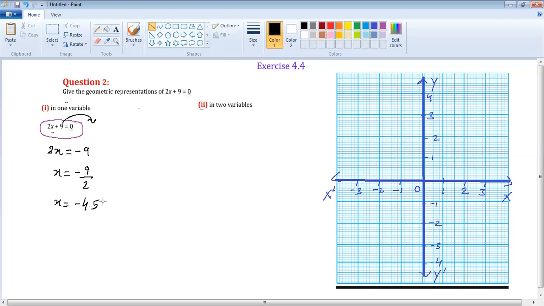Now again this one is one variable. So we will use a number line to represent this situation in one variable. Now you can identify there is a negative value. So no matter, we will shift our 0 this side because this one is a continuous line, and this side will be all negative values.